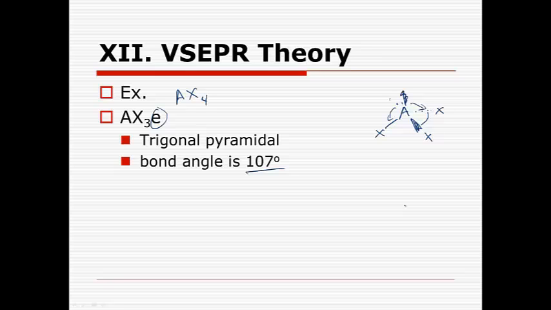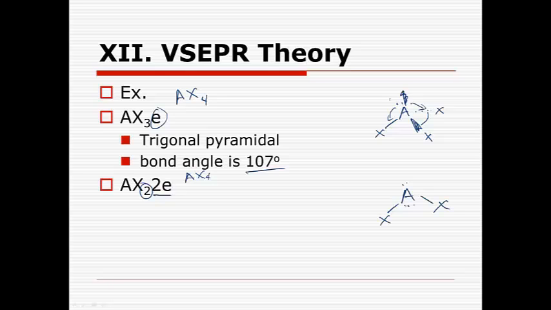Now AX2E2. This is still based off of AX4. You got two bonds and then two more electron pairs. So we still have four pairs of electrons. So it's going to be based off of this shape again, but basically now what happens is down here and up here you had electron pairs instead of bonds.